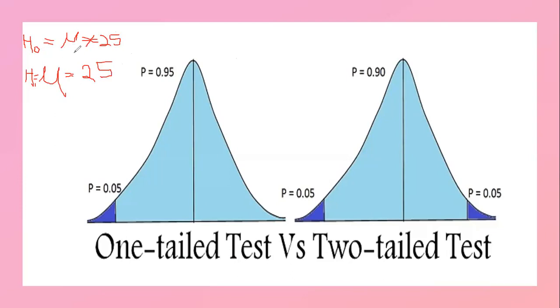The null hypothesis says the average score of the student is not equal to 25, but the alternative hypothesis says it is equal to 25. We need to test the hypothesis using any statistical tool. After that statistical test, we have to accept or reject the null hypothesis. If we reject the null hypothesis, then we have to accept the alternative hypothesis.